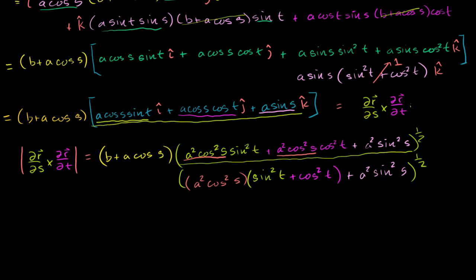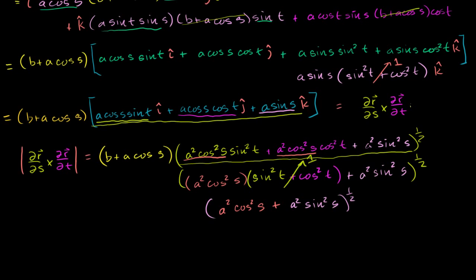Now what is this? Well, we have sine squared of t plus cosine squared of t. That's nice. That's equal to 1, the most basic of trig identities. So this expression simplifies to a squared cosine squared of s plus a squared sine squared of s, and then all of that to the 1/2 power. You might immediately recognize you can factor out an a squared.